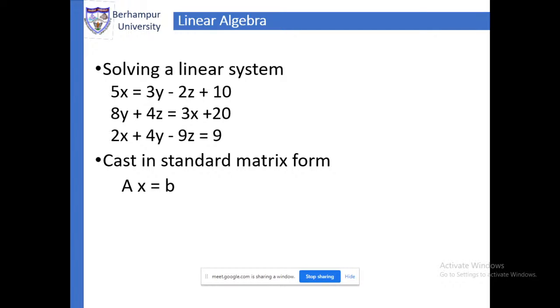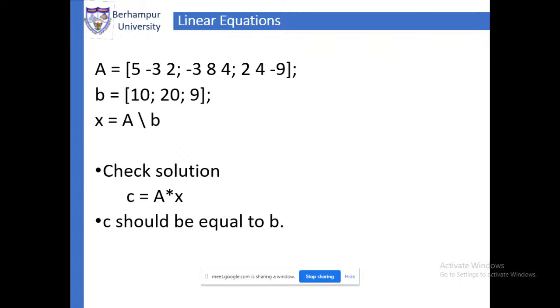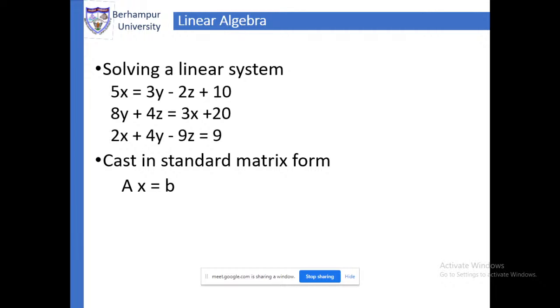So therefore, from the first equation you will get 5x minus 3y plus 2z. Then from the second equation you will get minus 3x plus 8y plus 4z, and from the third equation you will get 2x plus 4y minus 9z. These are on the left hand side.